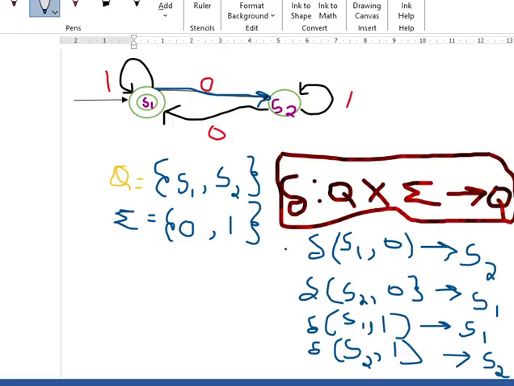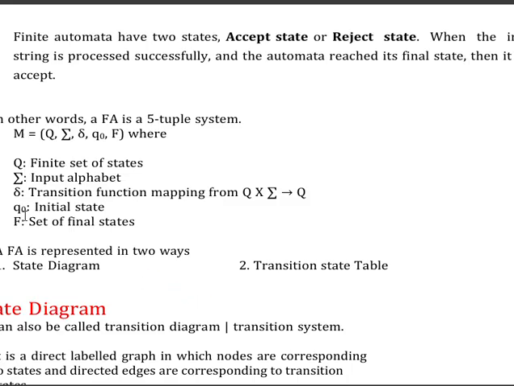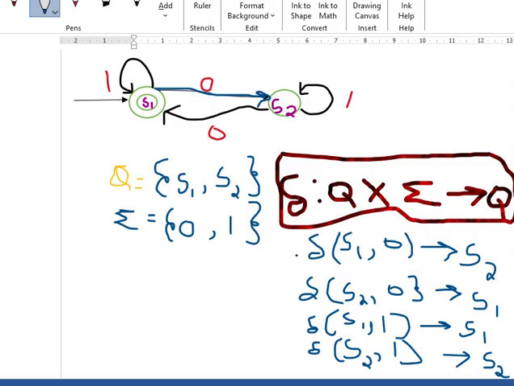Okay, now next is the initial state and the final state. The initial state is nothing but Q0, and F is nothing but the final state. Similarly, you should know in this diagram what the initial state and the final state are. Don't get confused. In this diagram, the initial and final states are the same. If you see here, the arrow is coming from nowhere.